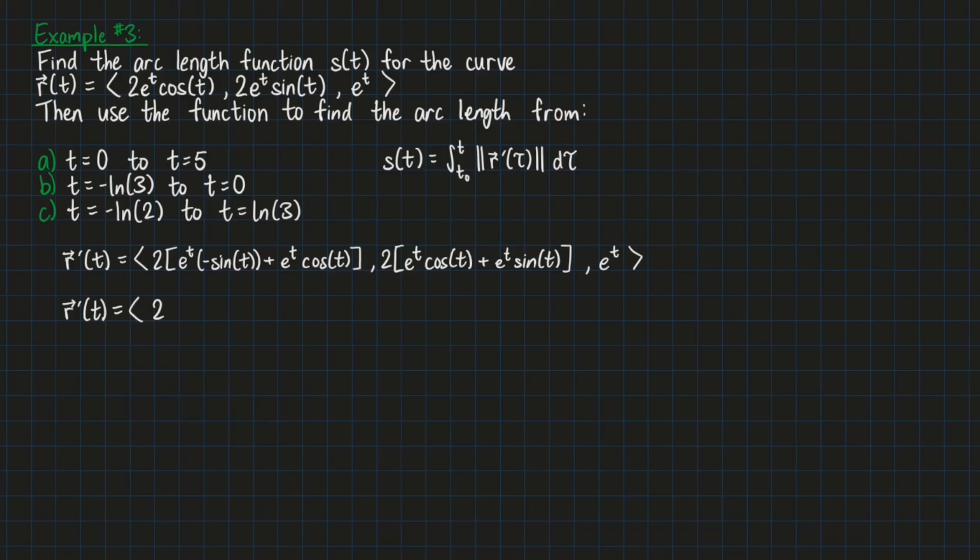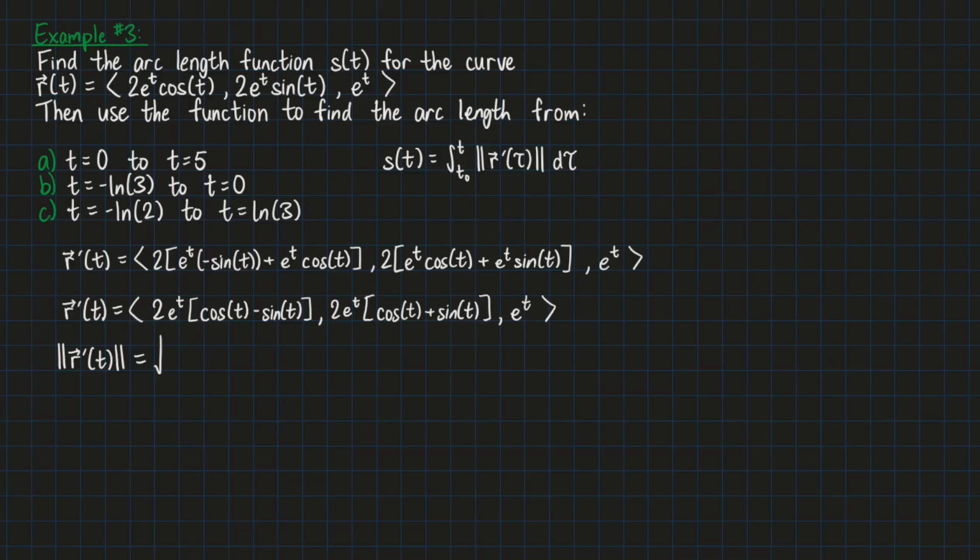We can factor out an e to the t, and then I'm going to rearrange cosine of t and sine of t. And then we could do the same thing for the second component. Now we need to take the magnitude of r prime of t. So we square this component. 2 squared is 4. E to the t squared is e to the 2t.